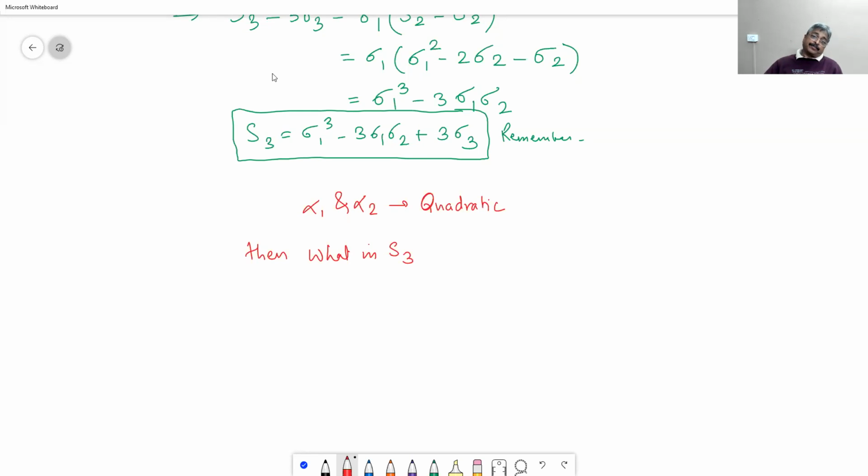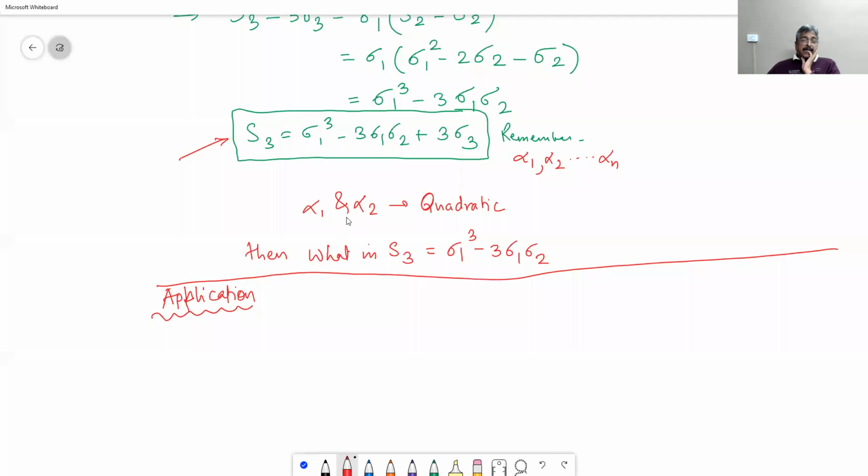In case of quadratic also, the formula for S3 is going to be sigma 1 cube minus 3 sigma 1 sigma 2, because sigma 3 is going to be 0. So the same formula is for all alpha 1 to alpha n. It is not going to change.